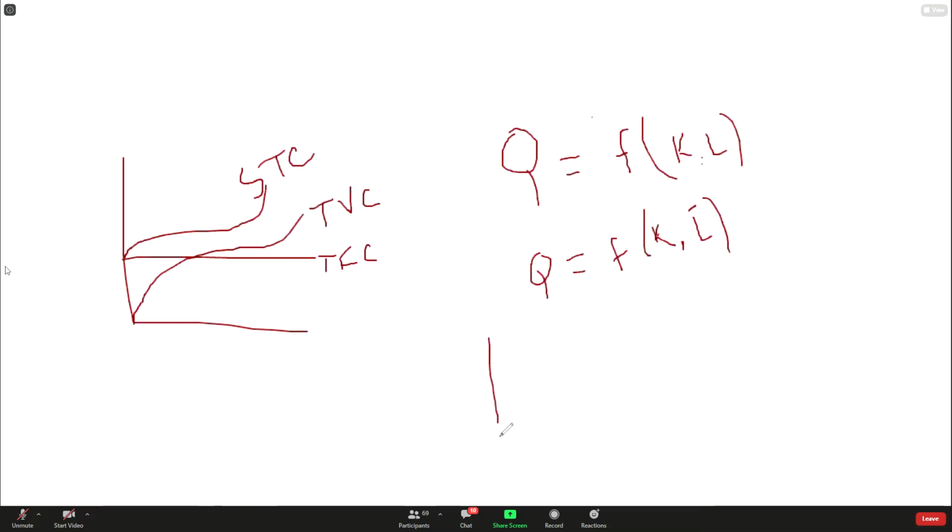Again, if there is no fixed cost, only variable cost, this is the variable cost. So you can say that it is long run. This variable cost diagram is actually long run total cost diagram, because there is no fixed counterpart.